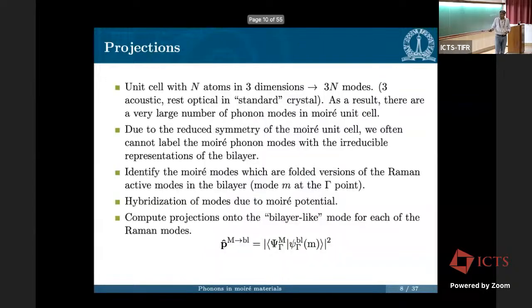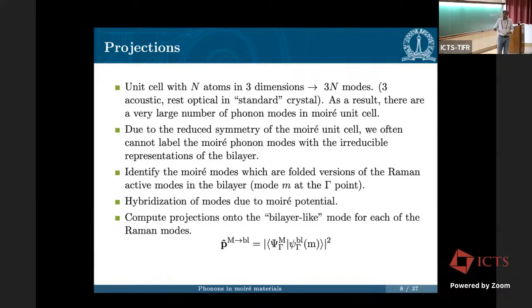So the thing is, in principle, once you go from here, you know this is good. You knew this was going to happen, because if you have n atoms in the unit cell, or in this case the Moire cell, then you have 3n phonon bands at every k point. Now, what you cannot do is analyze them in the standard way in which you analyze, let's say, phonon bands in a unit cell with 3, 4, 5, or 10 atoms in it.